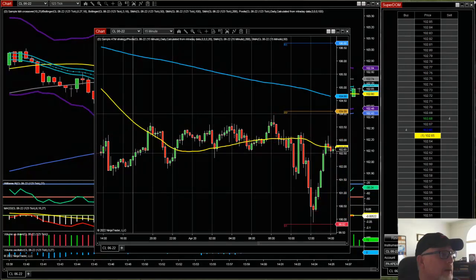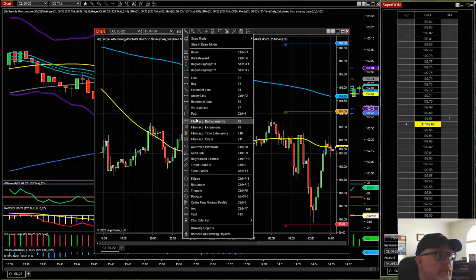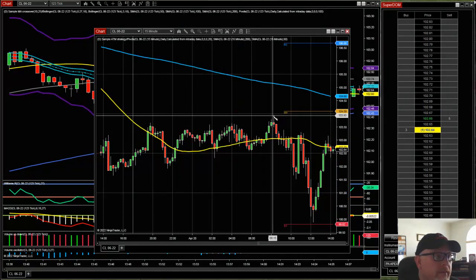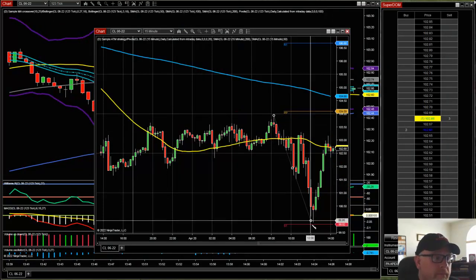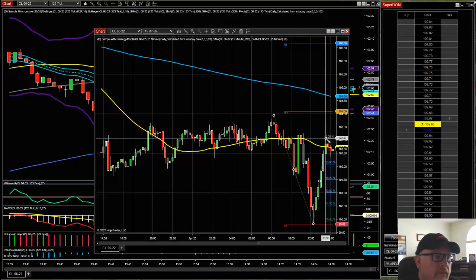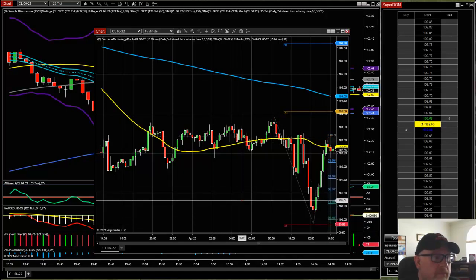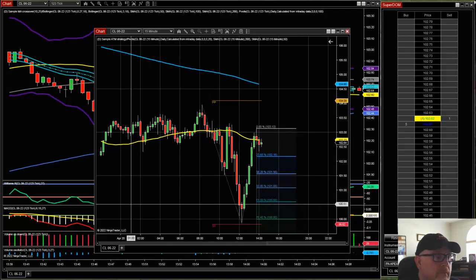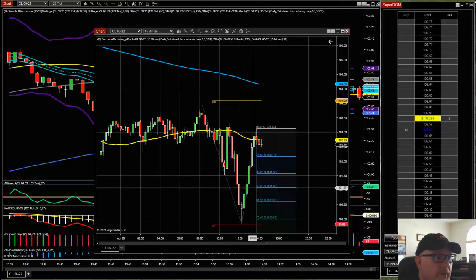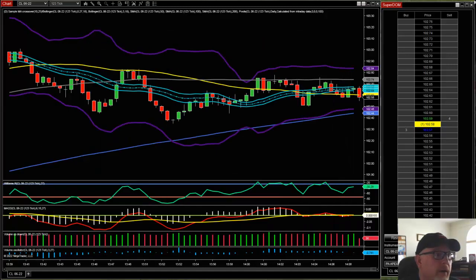If we grab the drawing tool and do an extension on this, there's your 50% at 101.08. Going back for the 102 mark, I still like the 102 handle.